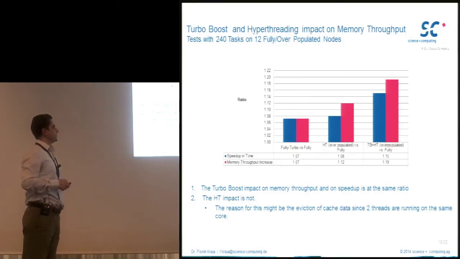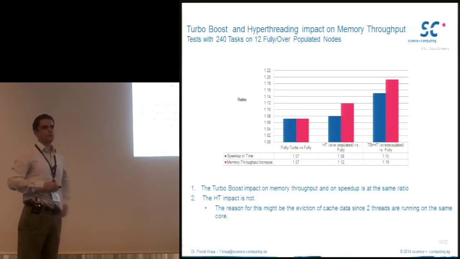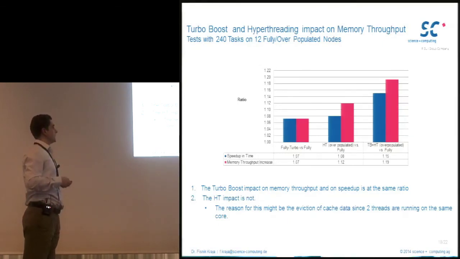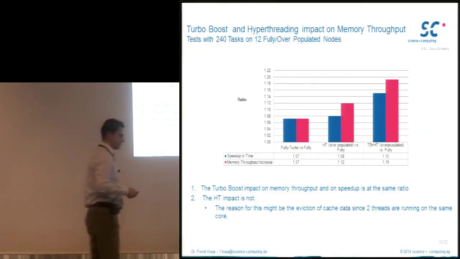We see a speed up of 8%, but the memory throughput increases by 12%. We say this difference comes from the eviction of cache data, since we have 2 threads fighting for data. The same effect is also seen when we enable turbo boost while hyperthreading or overpopulating nodes is still enabled.